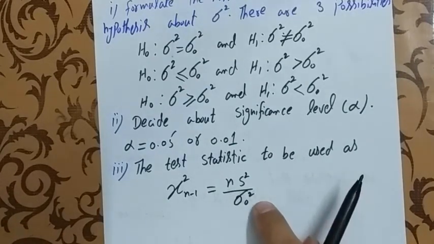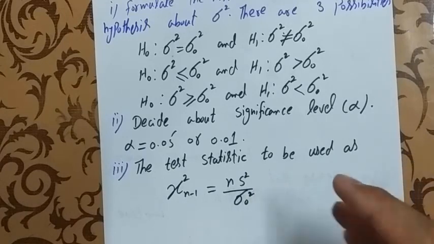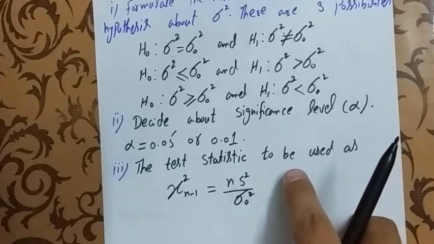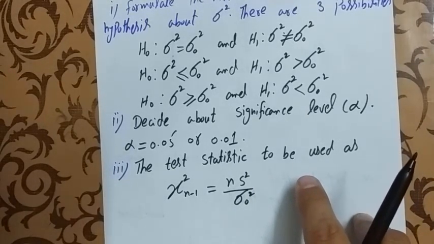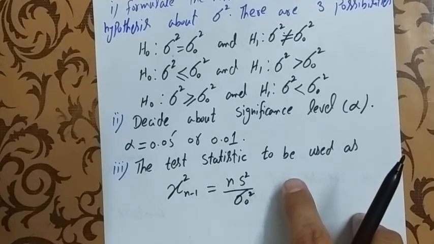Dear students, I explained already, we use test statistics. It means we have a normal population, always a normal population for applying the chi-square distribution, and then we choose samples from this population.